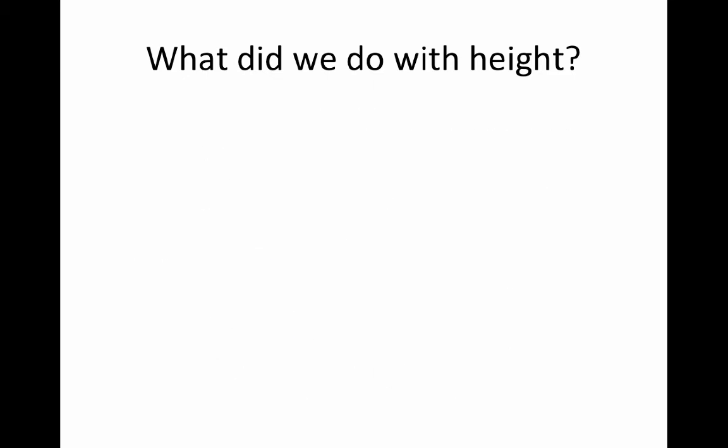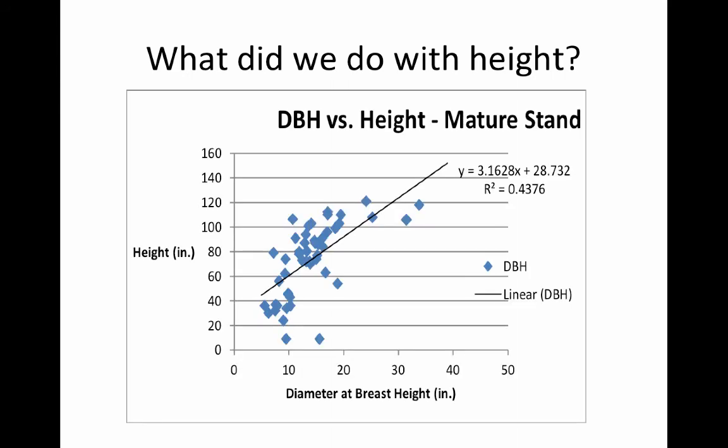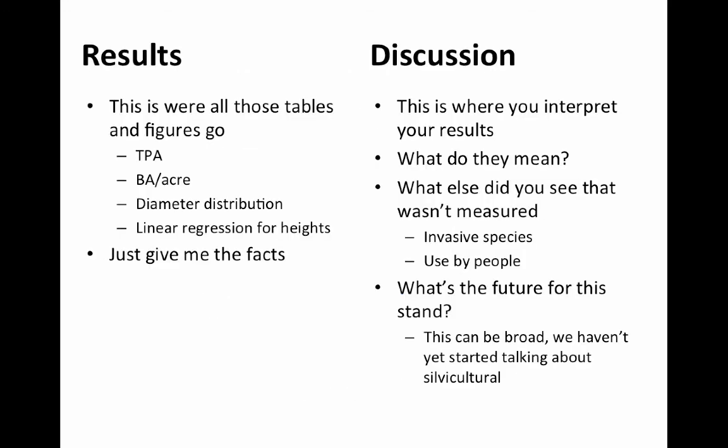So what should we do with them? Maybe we can create a little regression linking diameter at breast height with the actual height of the trees. There's a great correlation between diameter, DBH, and height, and we can use that information. Those are some of the calculations you're going to be doing.